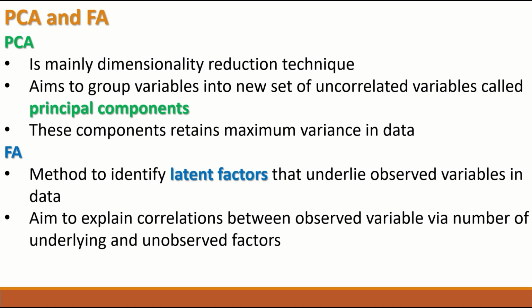So there is a major difference between these two techniques. The first one is a reduction technique. The second one searches for latent factors. These latent factors will explain the correlation between variables when they are arranged into factors or constructs.